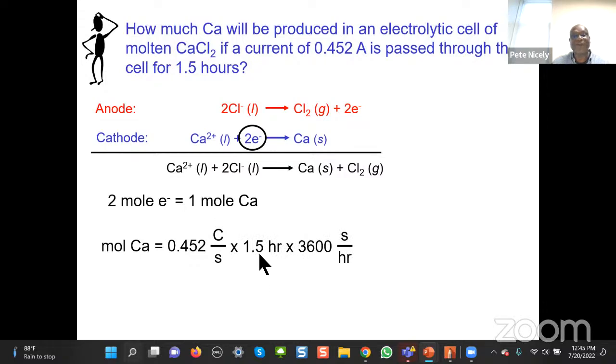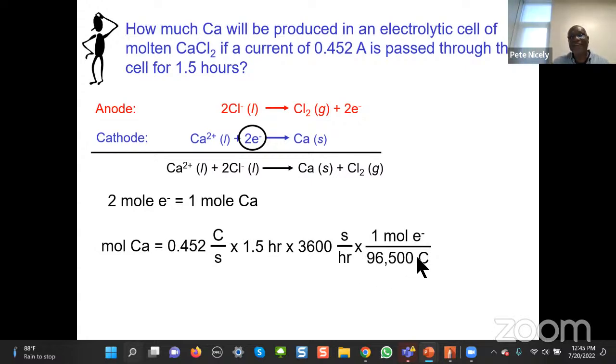So to convert from hours to seconds, this is what I would do. I'll multiply the 1.5 hours by 3600 seconds per hour. And then I would multiply by this ratio, which gives you the relationship between the Faraday's constant, which is the charge carried by 1 mole of electrons, right?